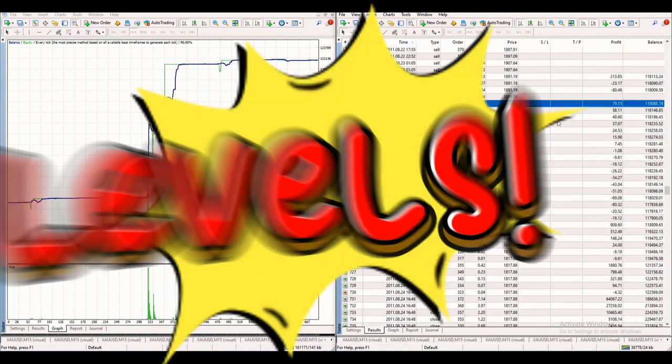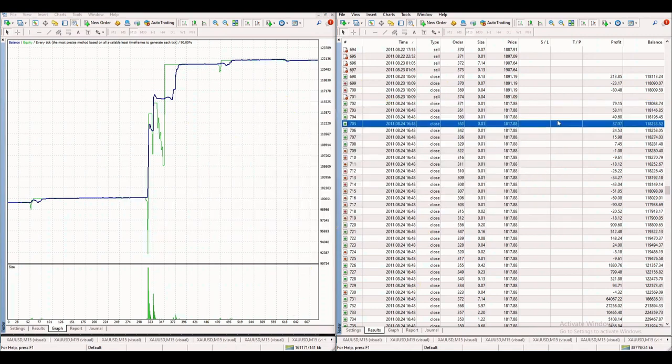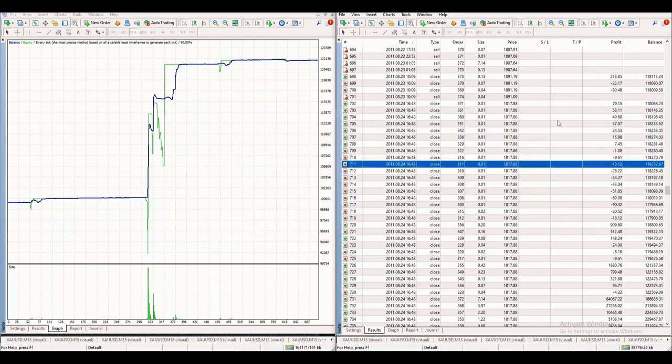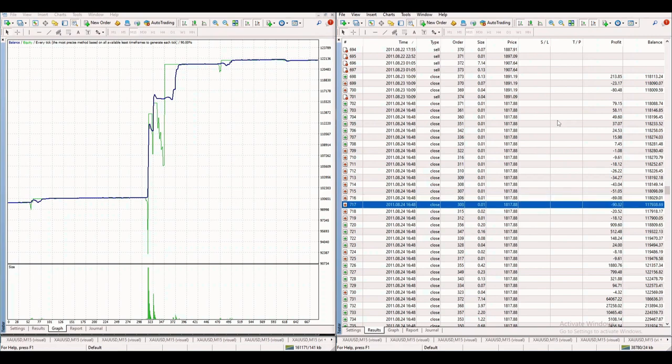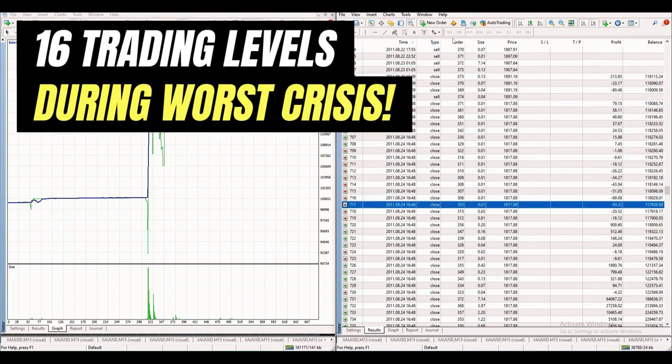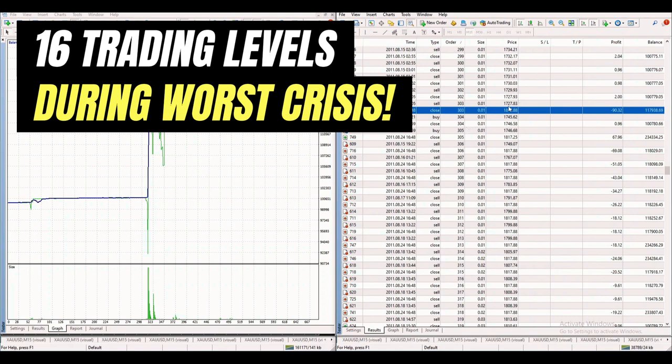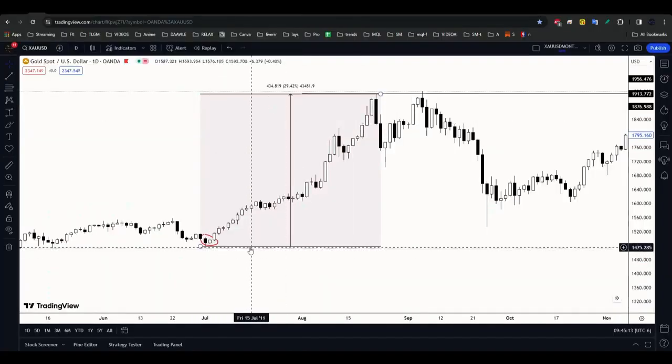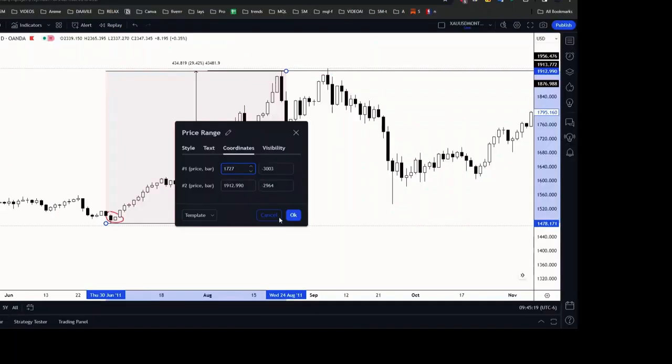So I trade by level. Let's check: 1, 2, 3, 4, 5, 6, 7, 8, 9, 10, 11, 12, 13, 14, 15, 16. I have 16 levels. Now let's check the first order that we opened. It was at 1727. So that's my first order, 1727. As mentioned, I'm not taking the whole move.